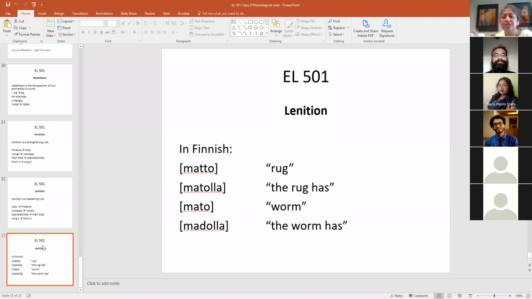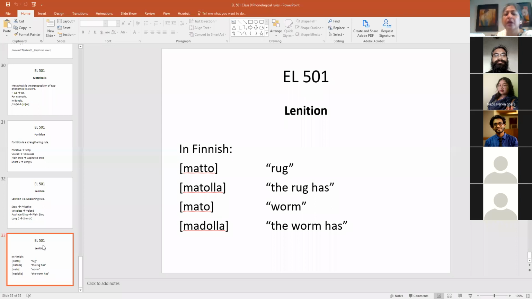The matto rug becomes matolla. So the tt loses one of the t and it becomes a single consonant. Matolla. Ulla is the has. Here, this is a lenition because a long consonant is becoming a short consonant.